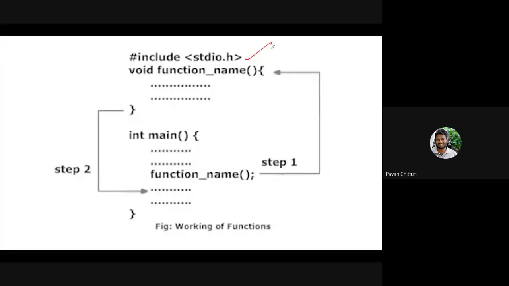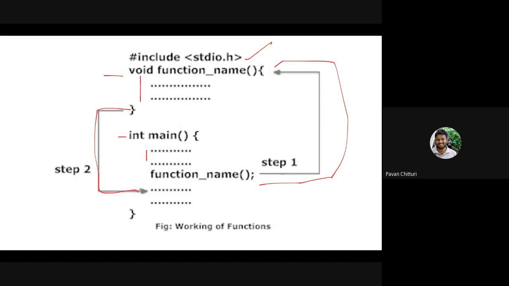We have included the header file. This is the function definition. This is the main module where the compiler or the processor starts executing the main function. Two steps were there. The control went like this, and this statement got executed. After completion of this particular function, the control comes back here.